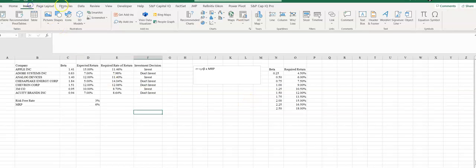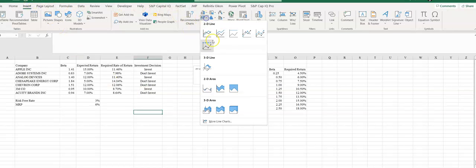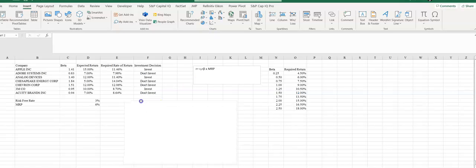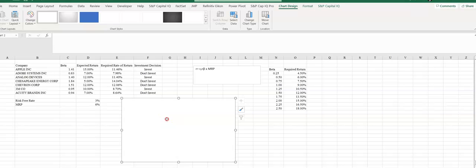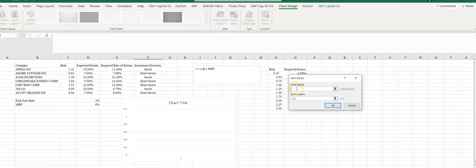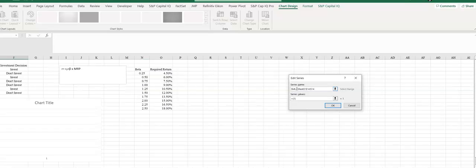Let's insert a chart. I'm going to just do a blank chart in here. And if you right click, you can get the select data, and then we will say add variables. Let's call this SML line, or security market line.